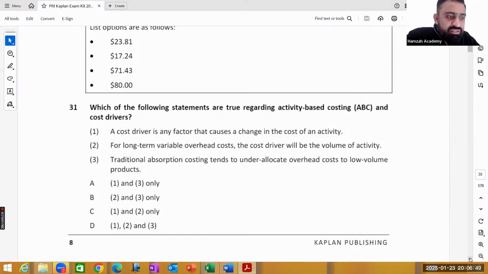Traditional absorption costing tends to under-allocate overhead cost to low volume products. Yes. If the volume is less used by any product, obviously there will be under allocation. So all three statements are correct. So option D will be the answer.